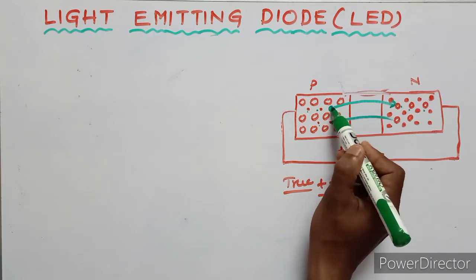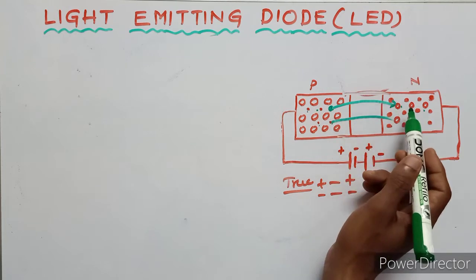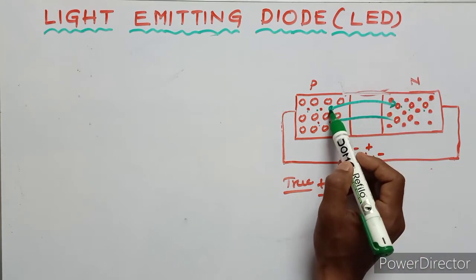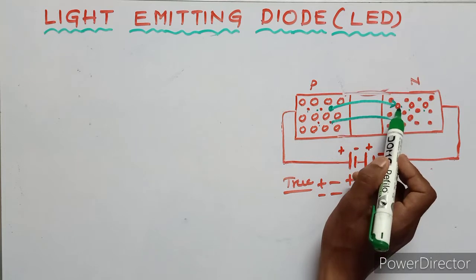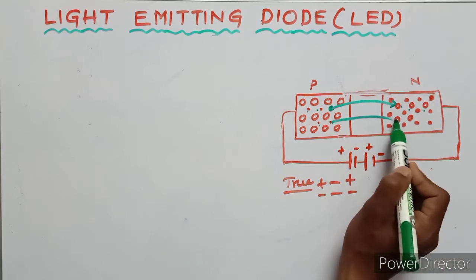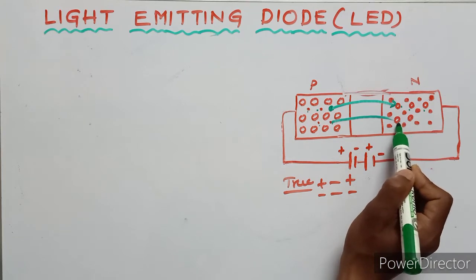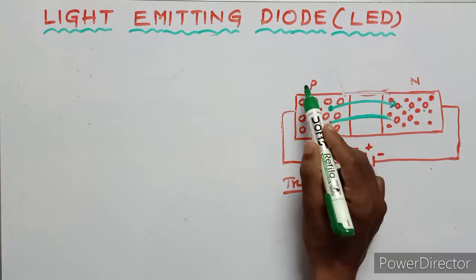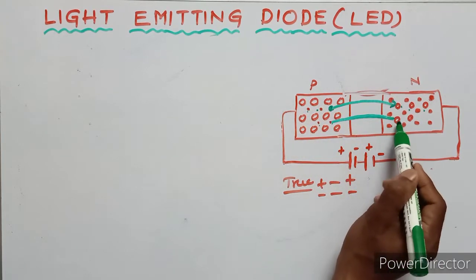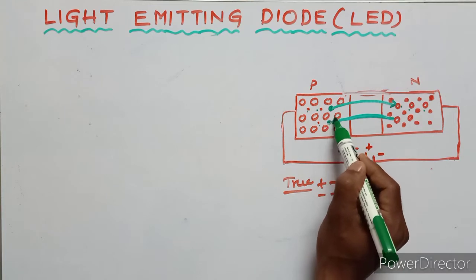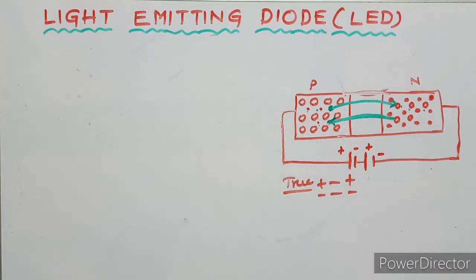This minority free electron jumps towards the n type of semiconductor, and this minority free electron recombines with a minority hole. And also this minority hole jumps towards the p type of semiconductor. This minority hole recombines with a minority free electron.